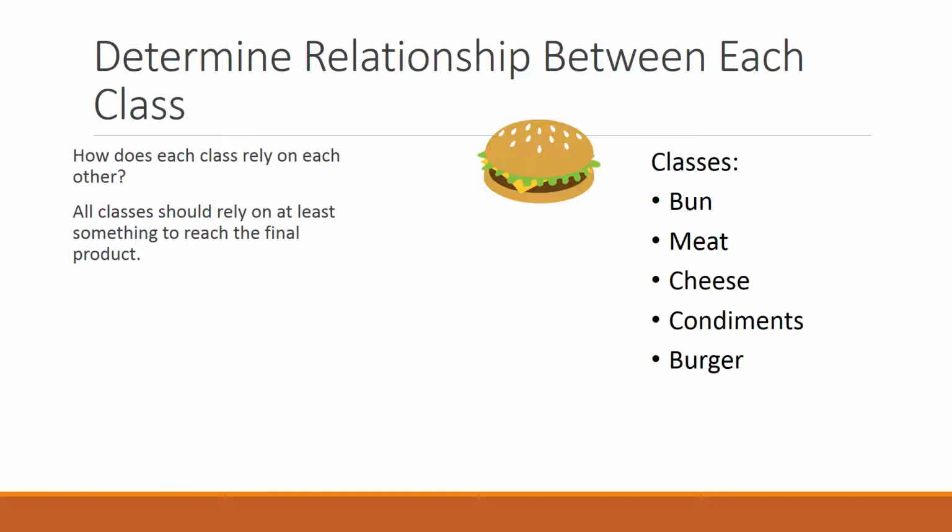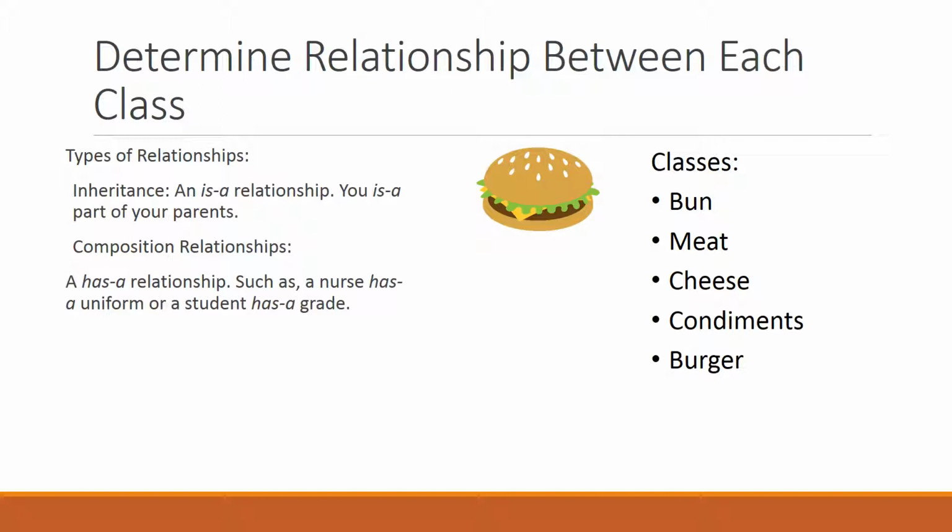It doesn't necessarily need cheese or condiments to still be classified as a burger. So we're talking about how each of these classes rely on each other. All classes should rely on at least something to reach the final product. If we're making a program with multiple classes like we are here, something has to rely on something for an object to exist.